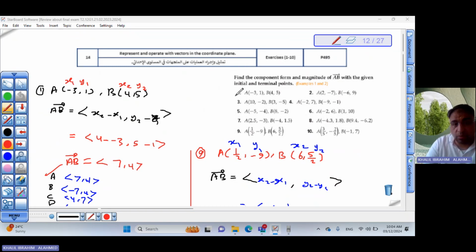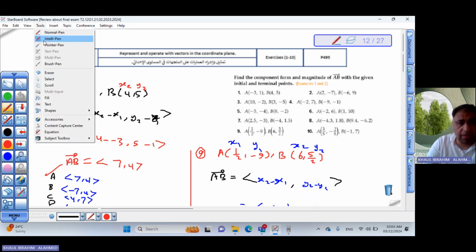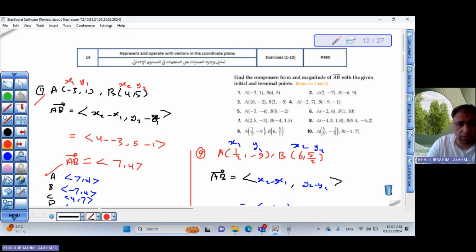As you see here, I select question 1. As you see here, this is equation 1. Okay. A, this is initial point. This is terminal point. Be careful about this because the vector from A to B, okay, this is A, this is B, okay, as you see here.